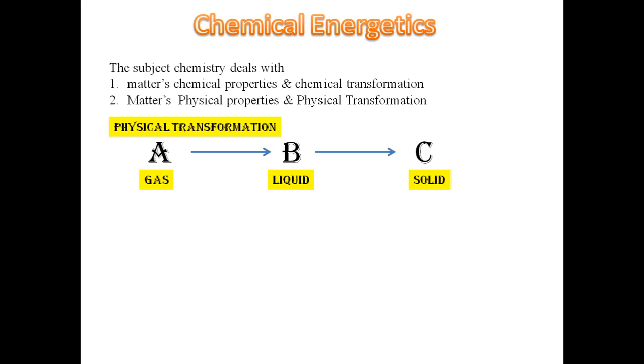There also we see movement, like gas to liquid, liquid to solid or vice versa. And with all this movement, some sort of energy term is always associated, because this indeed is a movement.